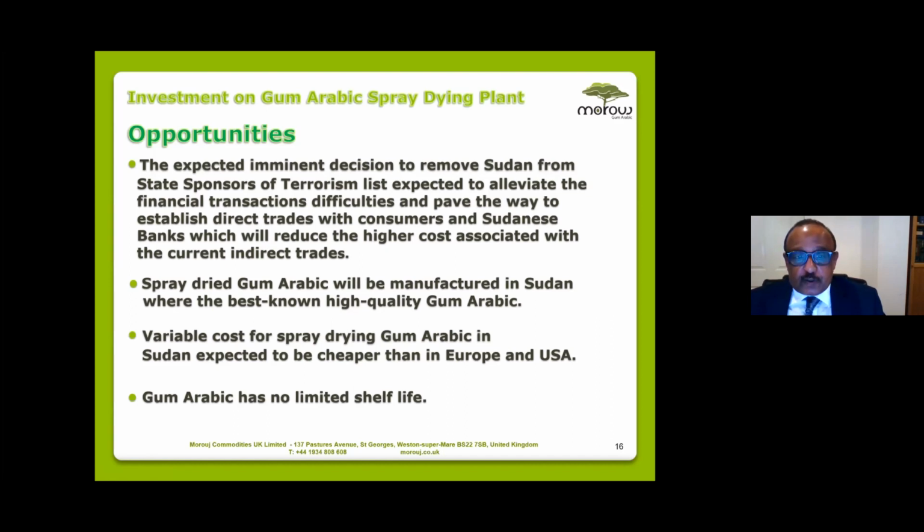Manufacturing spray dried gum in Sudan, this is where the best known, high quality gum arabic is. I'm sure this will give more assurance about the quality, because you produce the gum in the place where the highest quality gum is, and it will also give more assurance about the supply.